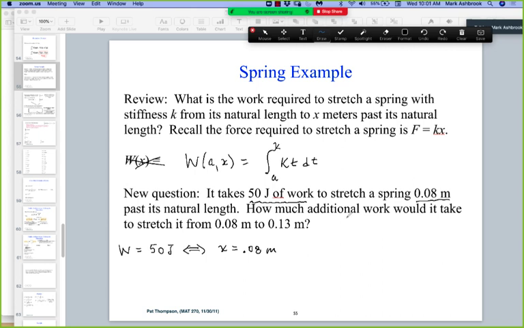And if I want to figure out some additional amount of work, I'm going to need a work accumulation function. And to have the work accumulation function, I'm going to need my force function, right? My force function for the spring. How am I going to get my force function for the spring?